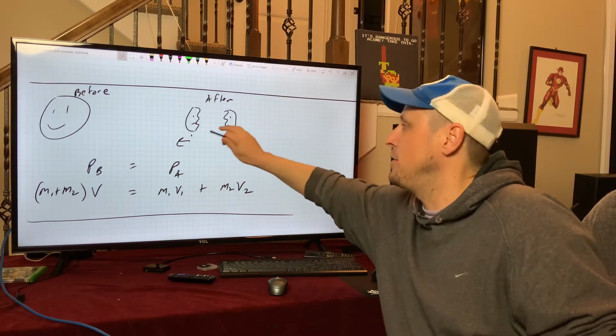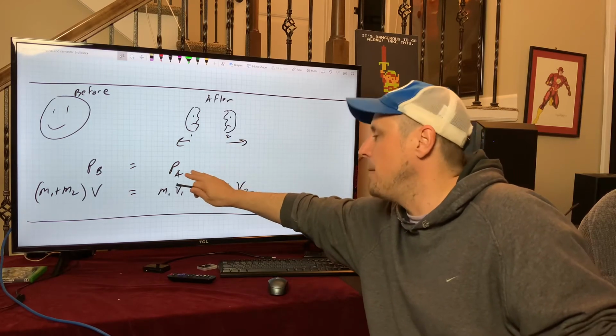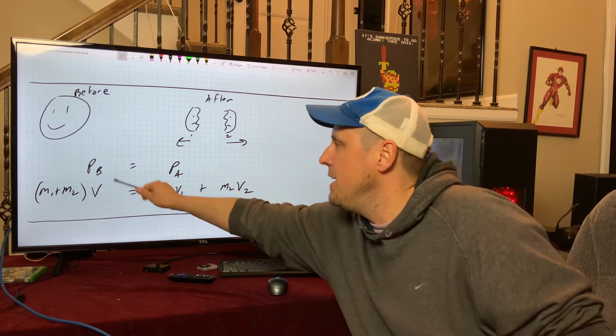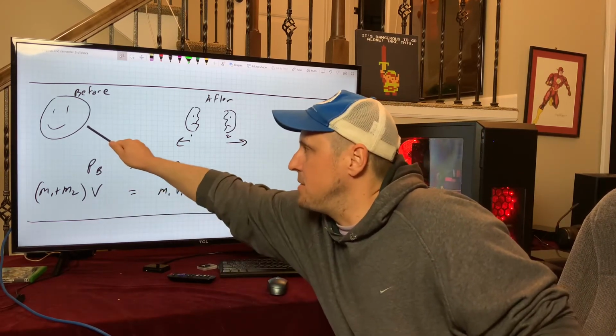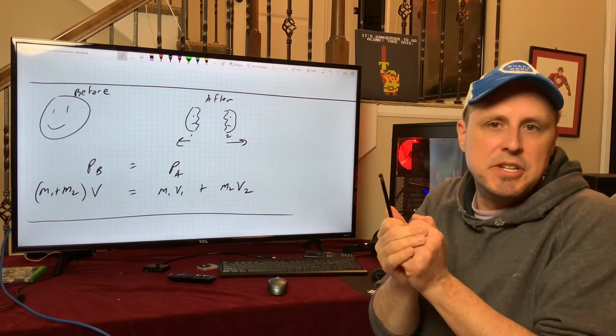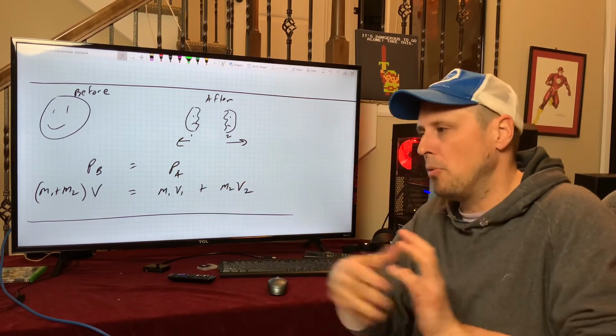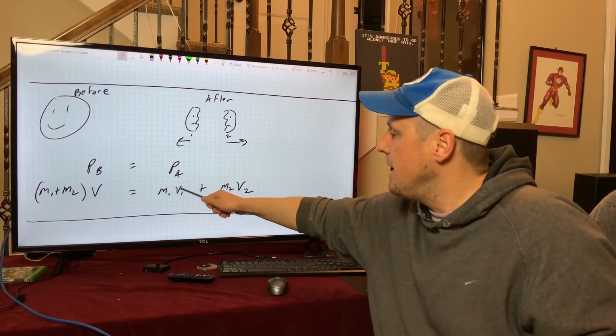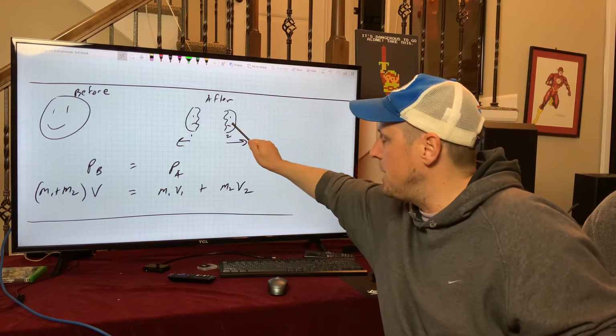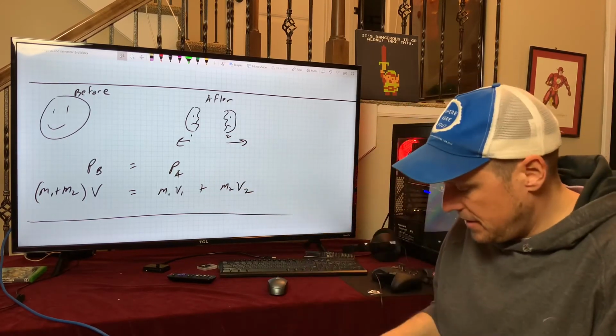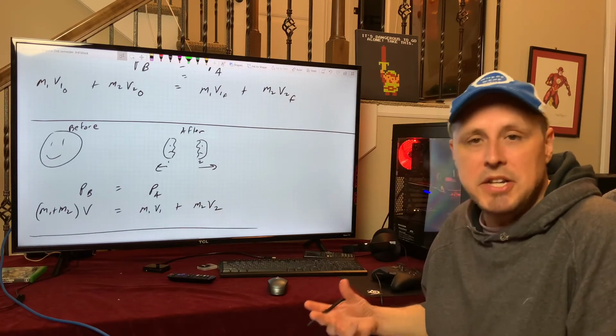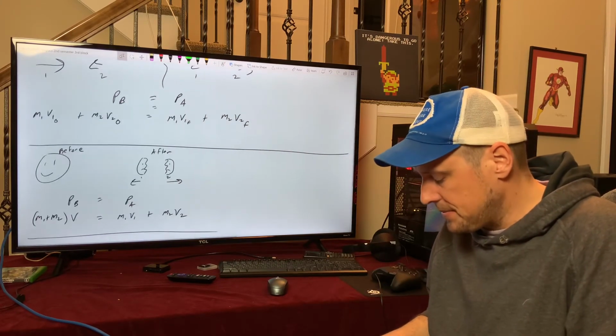You would pick this one, and you would draw a picture similar to this, momentum before equals momentum after, and then this combined mass times the velocity of that. In this case, it would probably be 0, but it could be a number. It could be Mario Ball rolling along, and then he blows up, okay? Equals mv plus this mv. All right. And again, just watch out for your signs on your velocities.